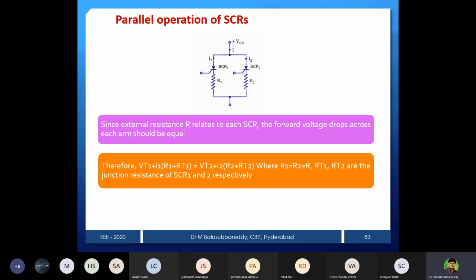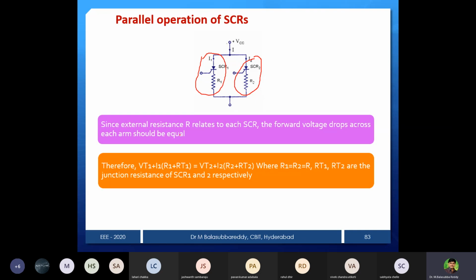VT1, the voltage across SCR1, plus whatever current is passing through SCR1, that is IT1 or I1, into the internal resistance of the junction of thyristor 1, plus the additional resistance R1, is equal to this one. So we are equating the two branches, this one and this one, in such a way that we have to find the RT, R1 and R2 values.